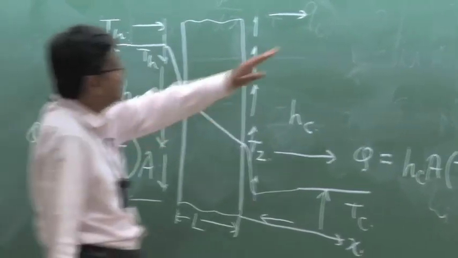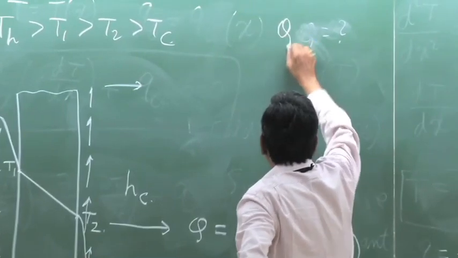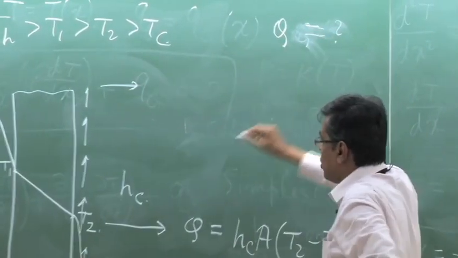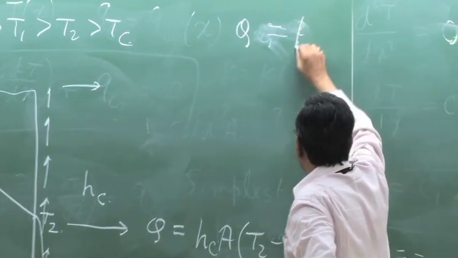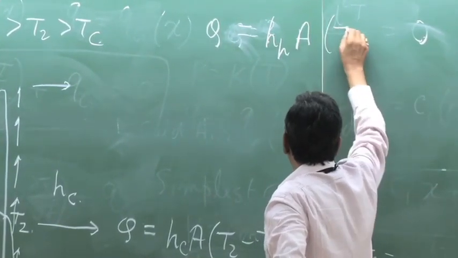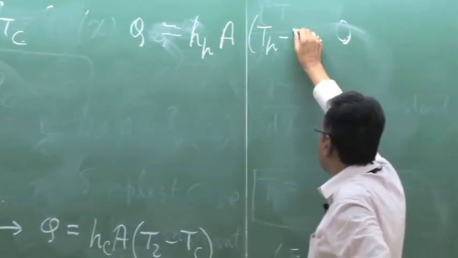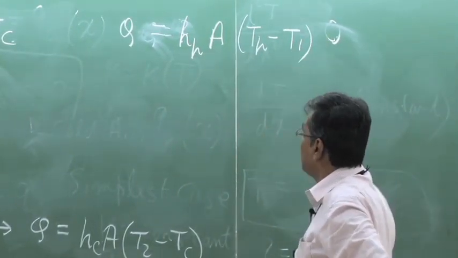Now if I write this in sequence, Q is equal to HH times the area, which is the same, a plane area not varying in the direction of heat flux, times TH minus T1.